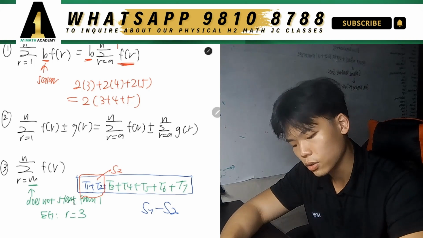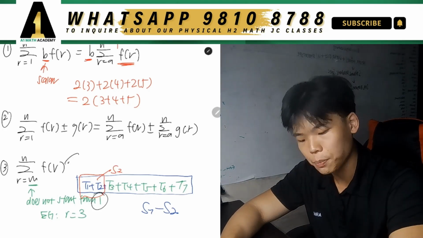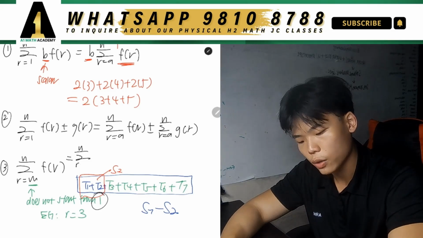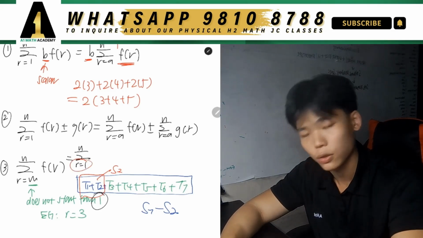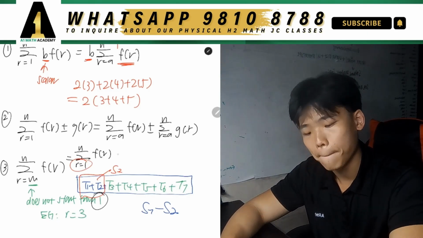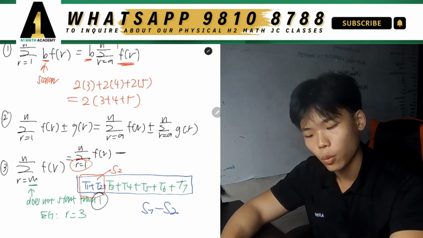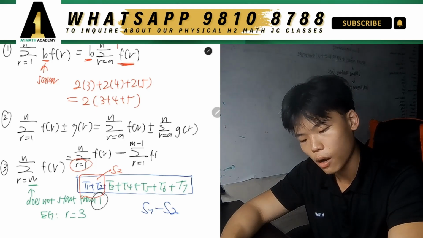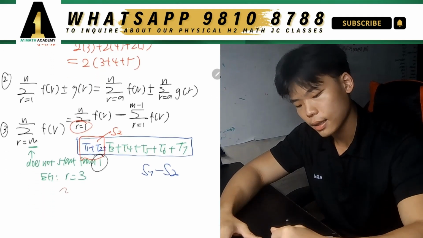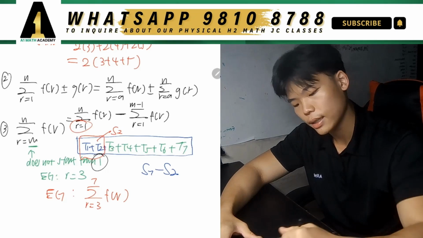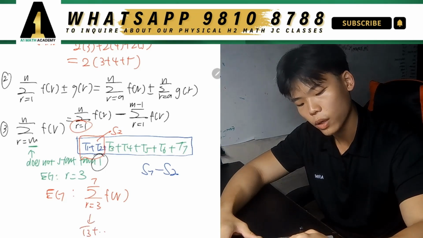So whenever this is not 1 over here, we can split this up to give us the summation of r equals to 1 to n of f(r). So we initialize both cases to start from 1. Then I minus away. Now, where do I minus it away from? I'll minus this away from the summation from r equals to 1 to m minus 1 of f(r). Let's just put an example over here. Let's say I want to find out the summation from r equals to 3 to 7 of f(r). I essentially want t3 all the way until t7.